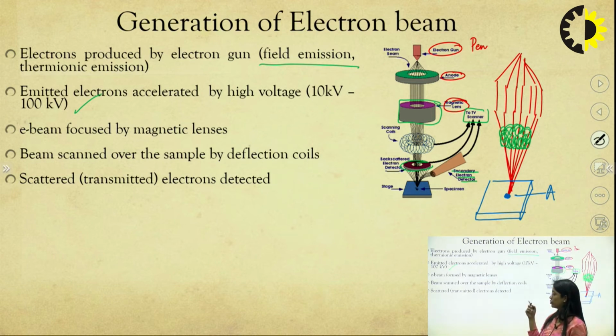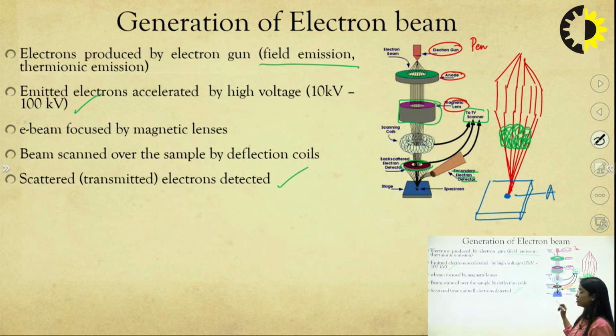The beam is scanned over the sample by deflection coils, and scattered or transmitted electrons are detected, and then particular focusing of the beam on site A is being achieved.